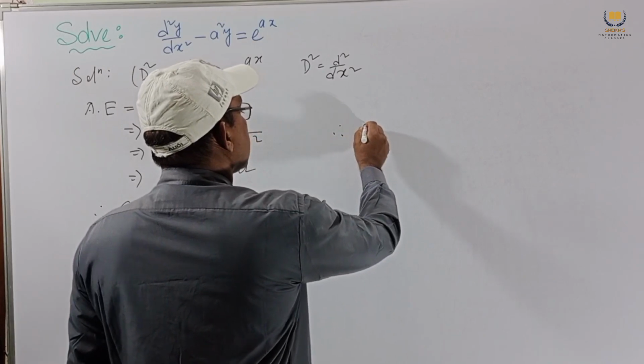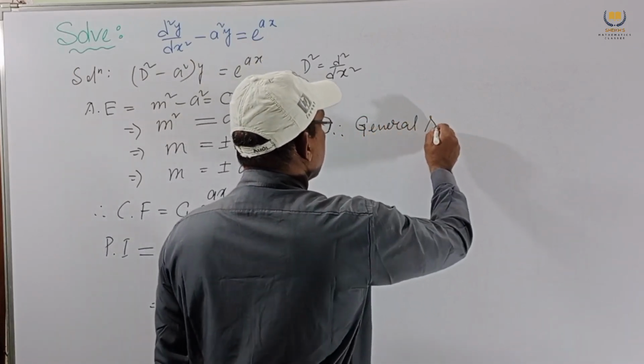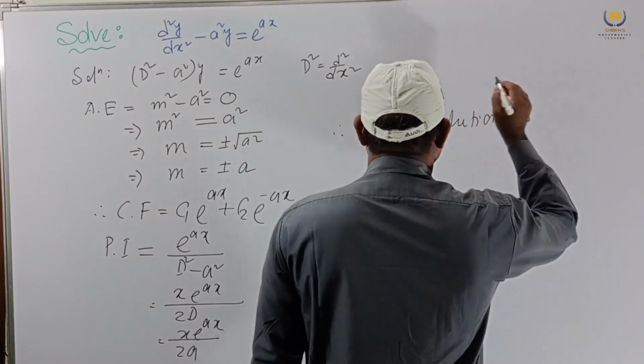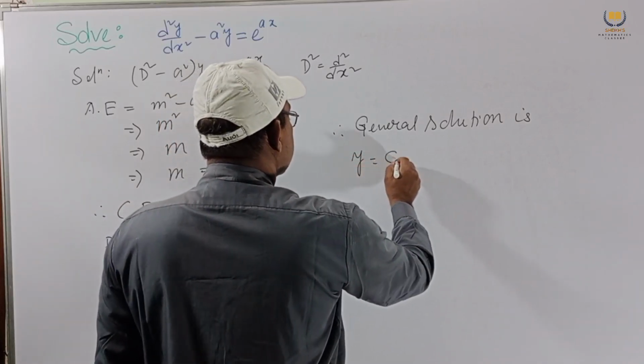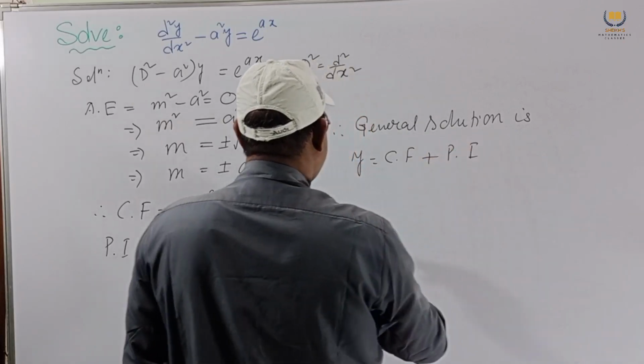Therefore, general solution is y equal to CF plus PI.